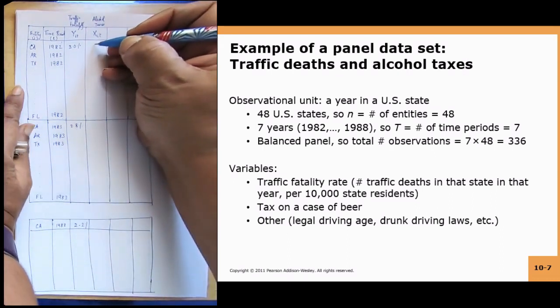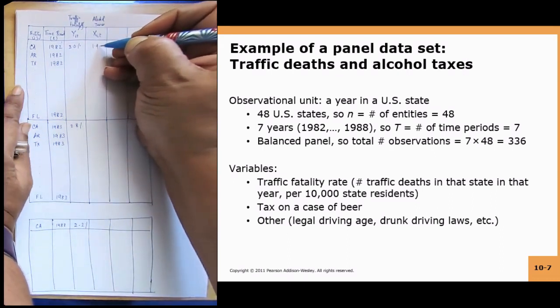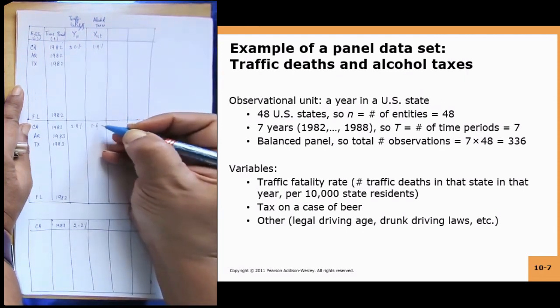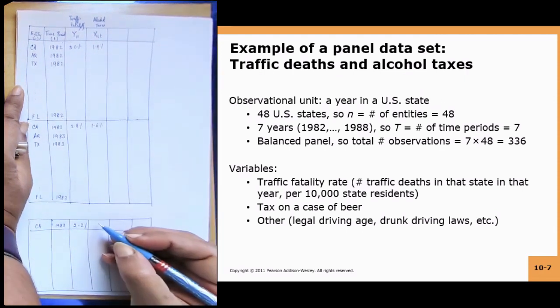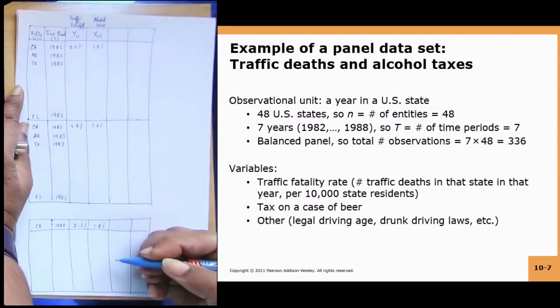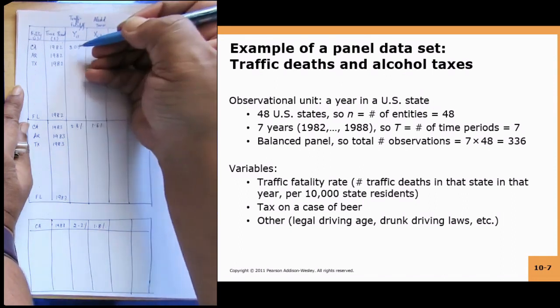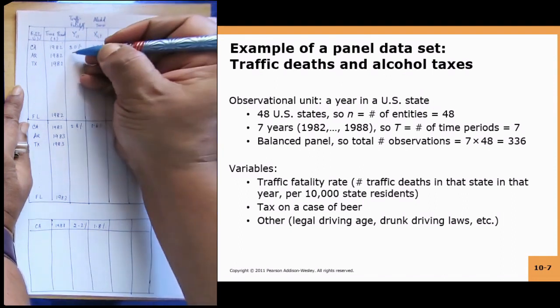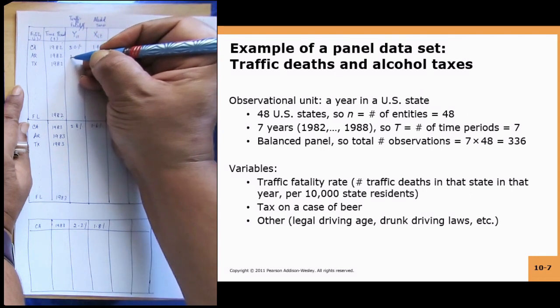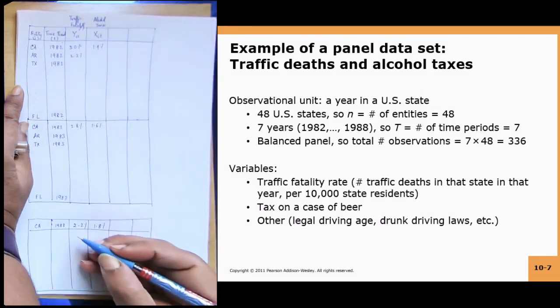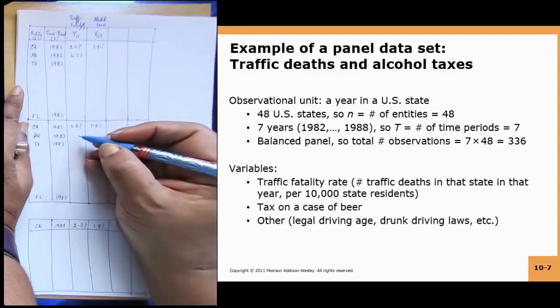And alcohol taxes may be 1.4%, and here 1.6%, and here 1.8%. So it is varying over time and it may vary across entities. Arizona may have, for instance, 2.2% traffic fatality rate, and so on.